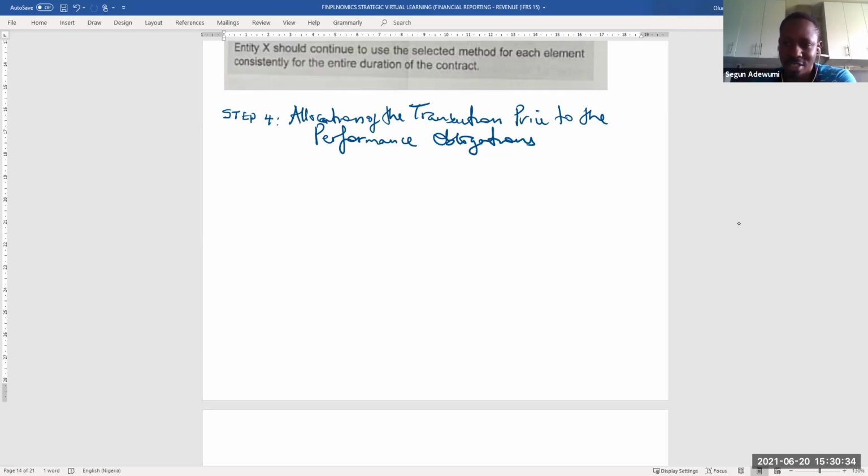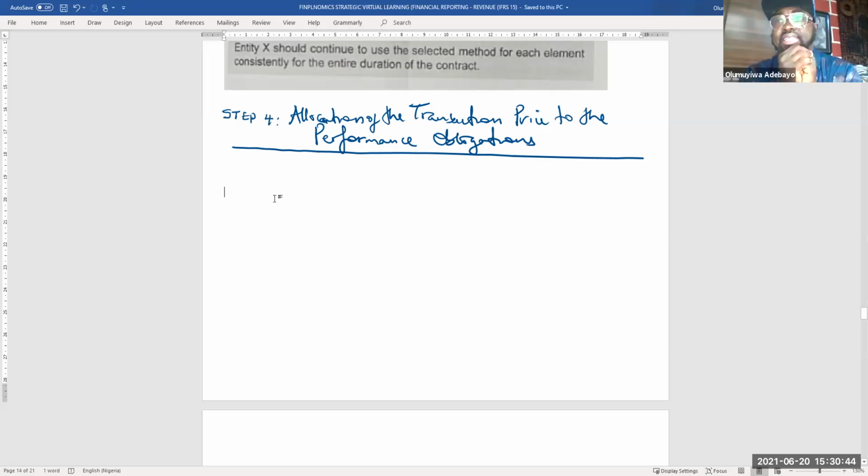So is it in such a scenario that you now have to look at any of the three approaches in order to allocate the transaction price? Again, most of IFRS is principle-based, which means the substance of the transactions, the nature and the circumstances, more often dictate how transactions are treated for accounting purposes.